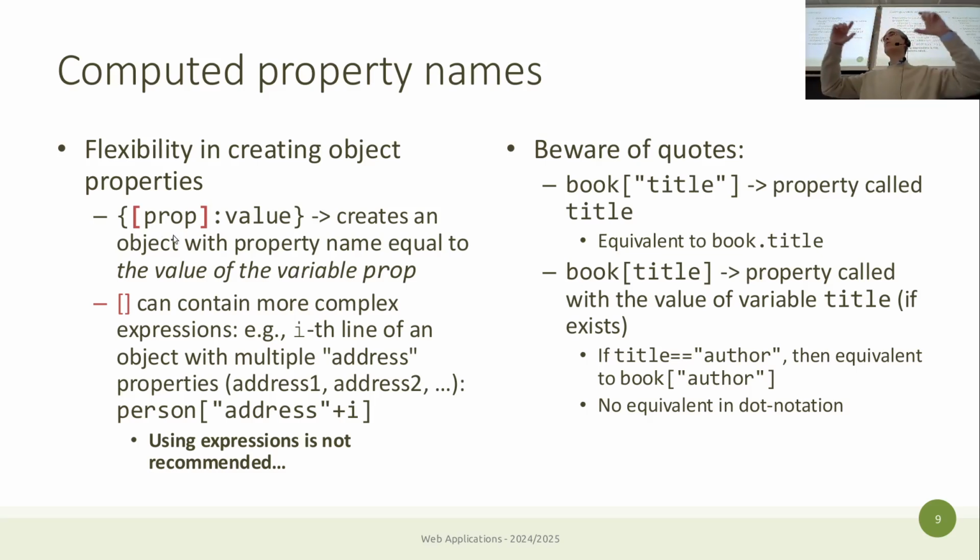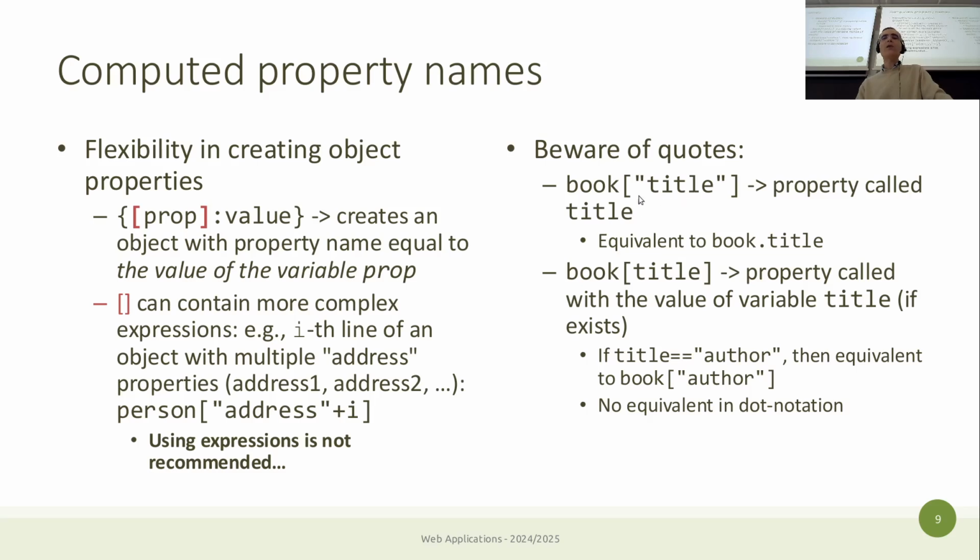So open square brackets, prop, the colon, and then the value that we would like to assign. Basically, we can parameterize the way in which we create the names of the properties, because we can use a variable and we don't have to type a fixed string for the name of the property. And of course, in this case, the only way to create it is using the square brackets. We can put any expression, but I invite you not to do it because the code is already sometimes difficult to read when we do these things.